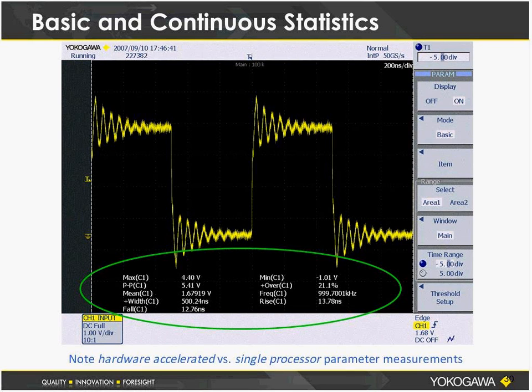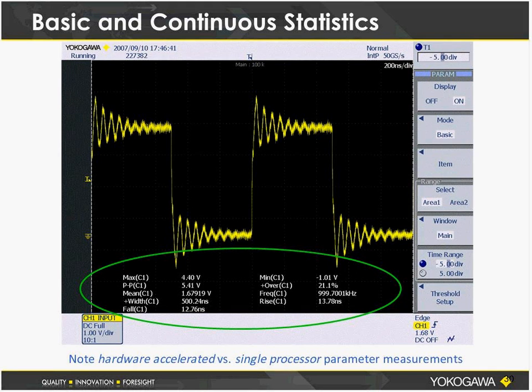And again, most or all oscilloscopes are going to have the ability to show you this type of measurement. Here we're actually measuring 9 different parameters: a maximum voltage, a minimum voltage, a peak-to-peak voltage, overshoot, the mean voltage, frequency, the positive cycle width, the rise time, and the fall time. So these are all typical measurements you can expect to do with the scope. And these are fully automated measurements.